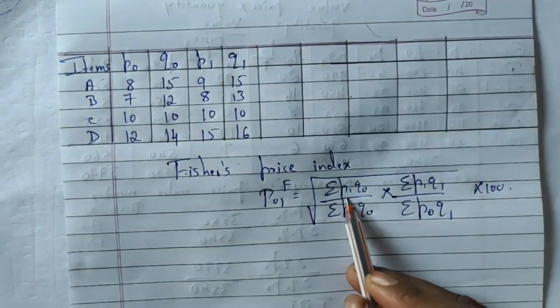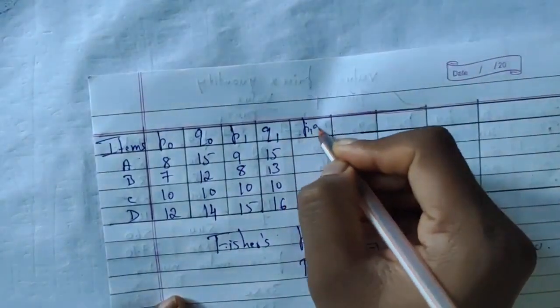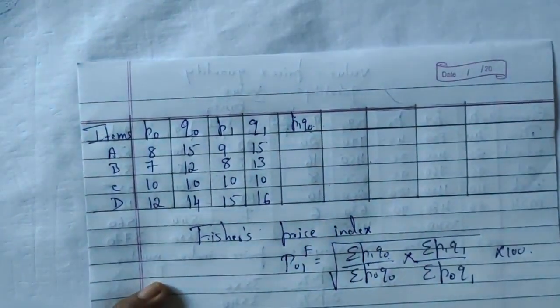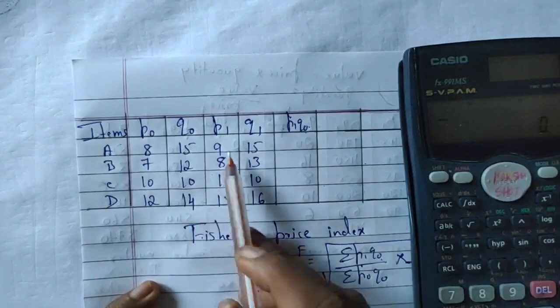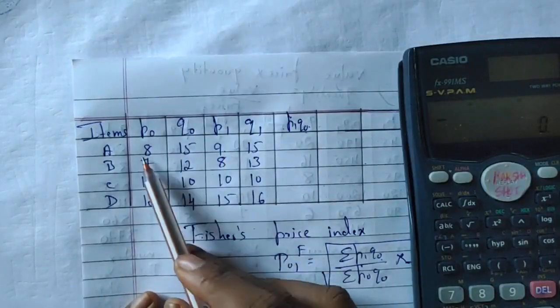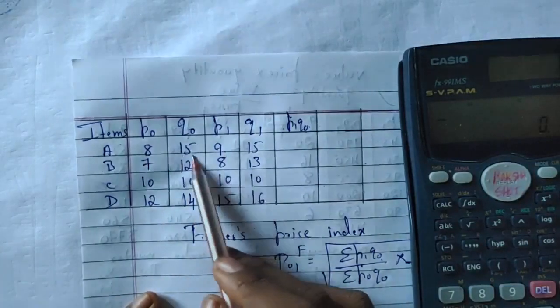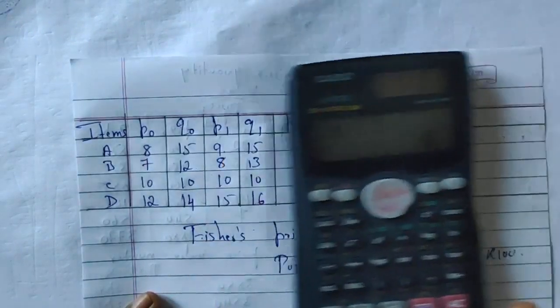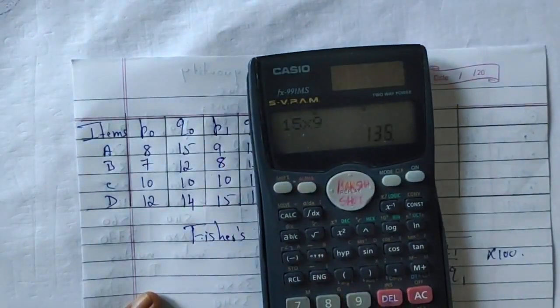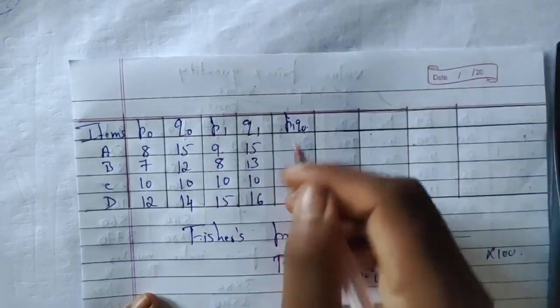Now first calculate P1 Q naught. The first value P1 is 9. P1 Q naught, 15 into 9, 135.